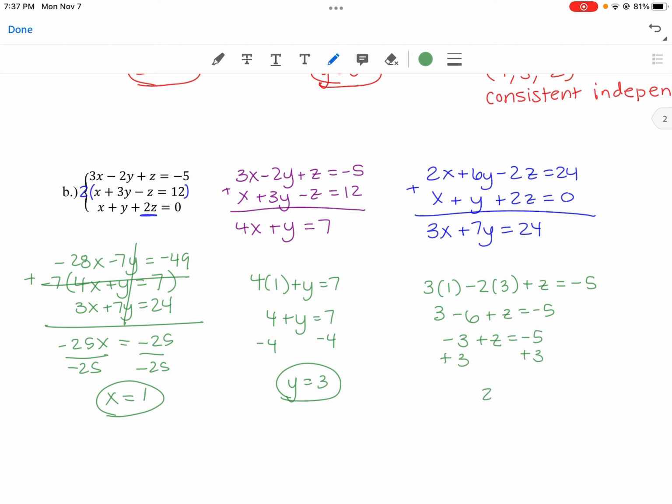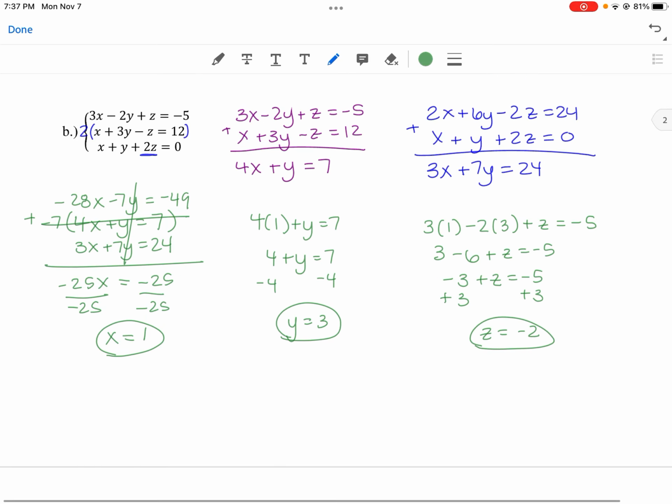Add 3 to both sides, and z equals negative 2. So once again, you could write that as an ordered triple, but this is a consistent and independent system.